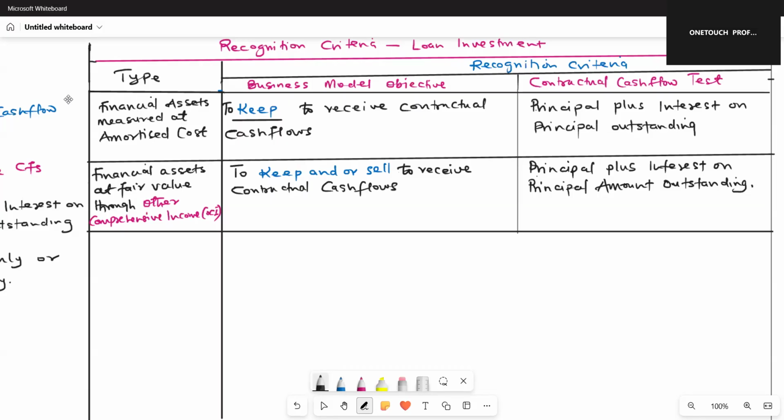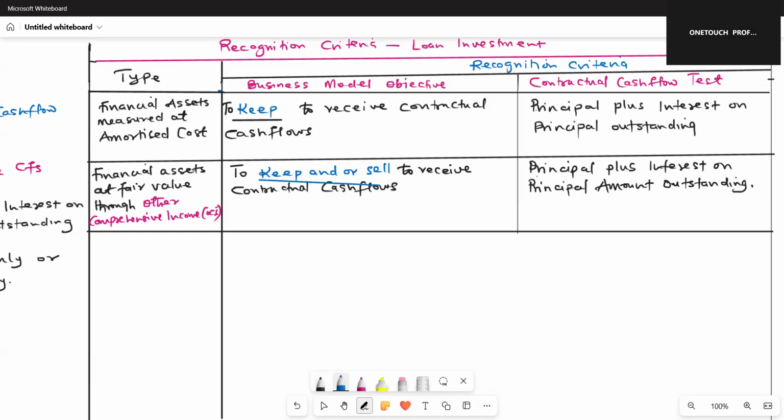Yes, sir. The first one, the original principal, and then you have your interest up to maturity. That's at amortized cost. But at fair value through OCI, the interest can change and the principal too can change, depending on the amount that is sold. Well, you said you can sell it at any time before maturity. Okay, sir. So it means it depends on the business model objective, whether I keep it, of course, that's what we have written. Okay, I understand.